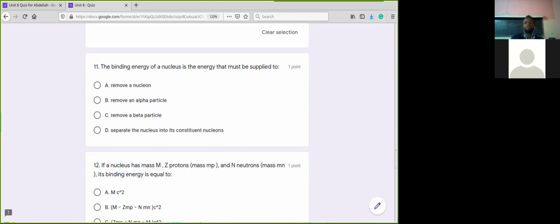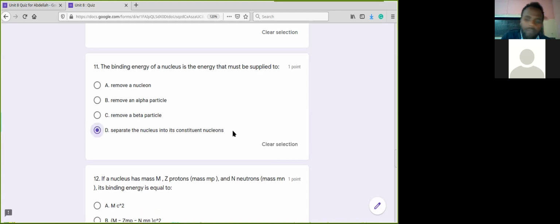Which one is the correct answer for binding energy? D. Excellent. So binding energy is the energy required to separate the nucleus into its constituent nucleons. Very good.